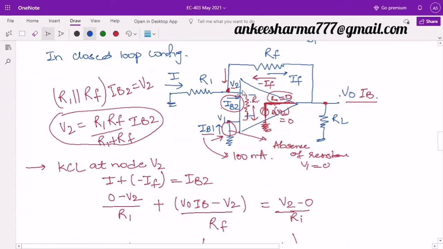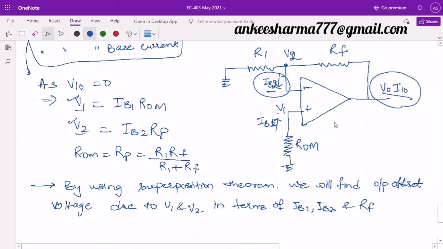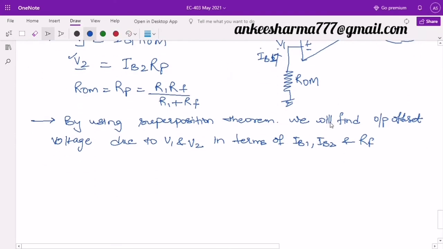It means we had already compensated for the negative in the inverting terminal, but here, as I am using the superposition theorem, I am assuming my non-inverting terminal to be 0 and the inverting terminal to be there. So I will say that my VOIB2 is equal to RF into IB2, but with the negative sign. When I am considering the input at the inverting terminal only, it is due to V2 only.